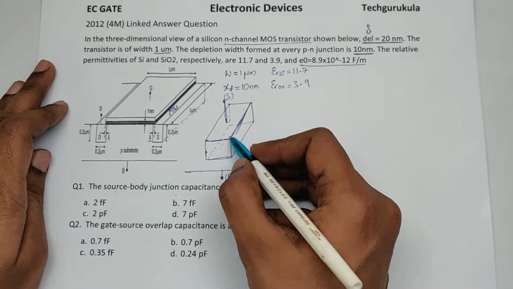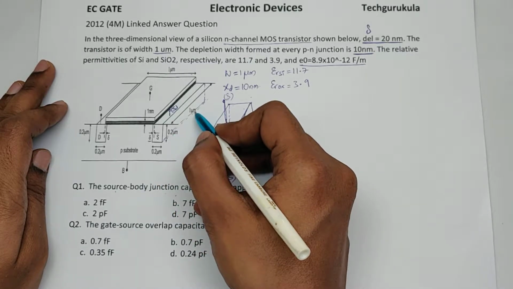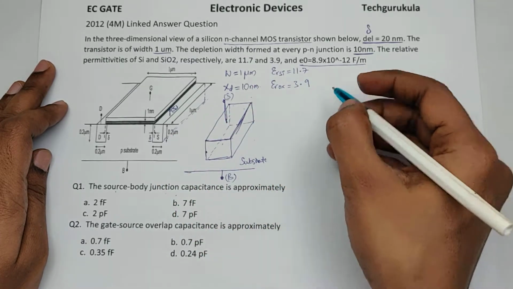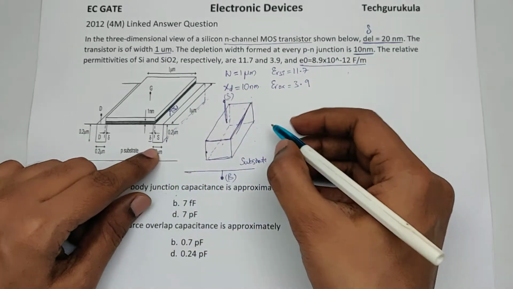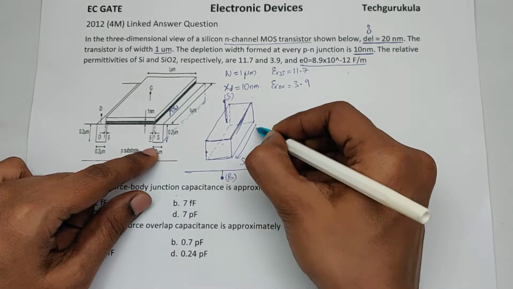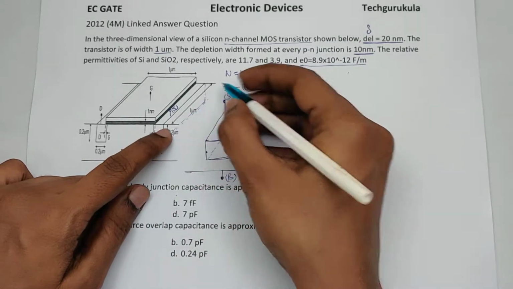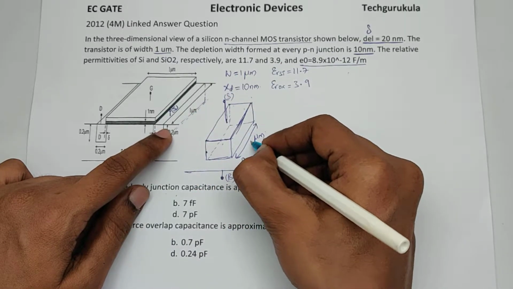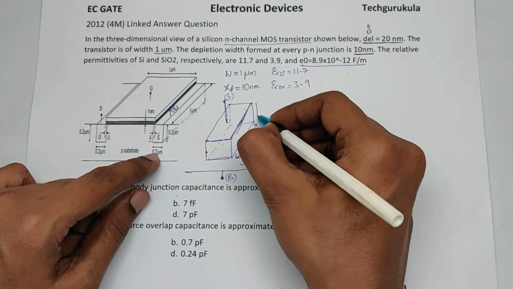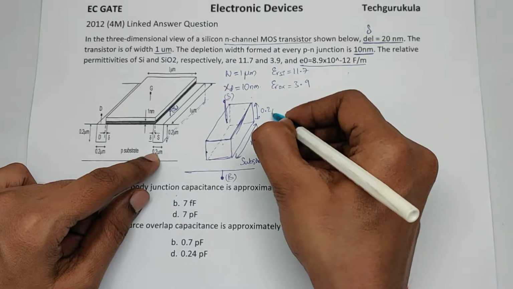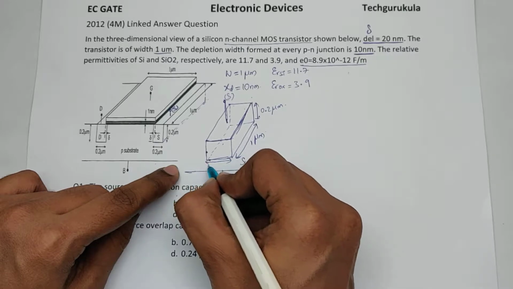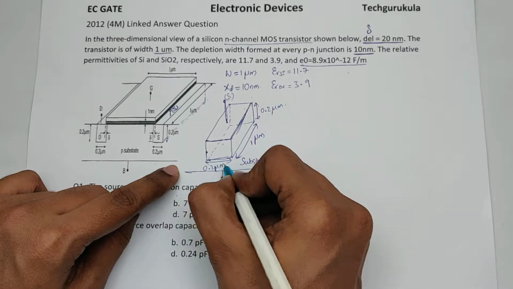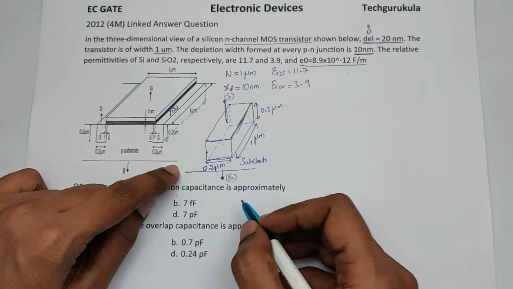So before we add them, if you see all the units are in micrometers, so the area will be in micrometer square. So before that, let me just mark the notations here. This distance is 1 micrometer and the depth is 0.2 micrometers and this width here is 0.2 micrometers as given.